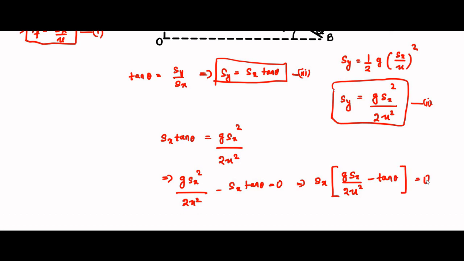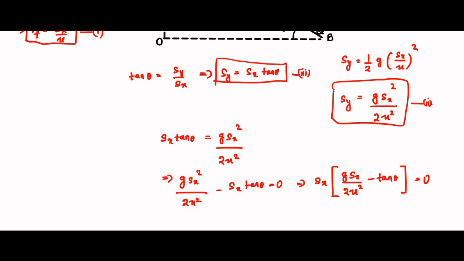Now Sx cannot be 0 because we see in the diagram Sx has a finite value. It cannot be 0 because there is some net horizontal displacement of the projectile. So the only way this becomes 0 is when g Sx by 2u square minus tan theta becomes 0.